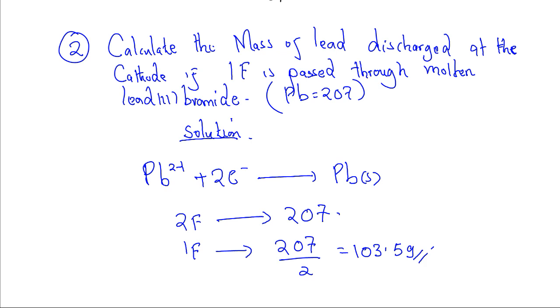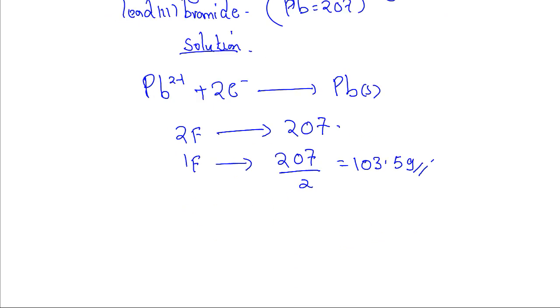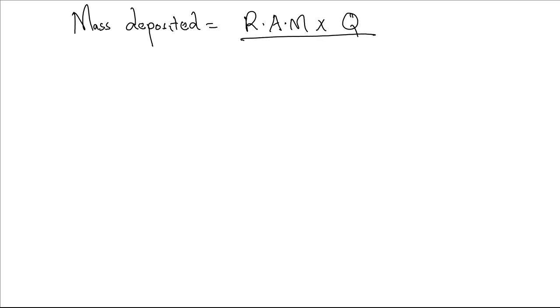We can use the formula method to get the mass deposited. So in the formula method, the mass that is deposited is equal to RAM times Q, the quantity of electricity, over 1 Faraday times moles of electrons.